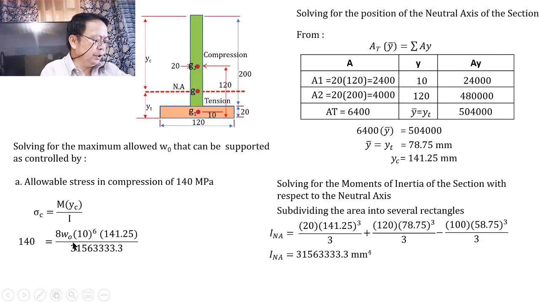You will notice that since the moment has a unit of kilonewton meter, this must be consistent with the units of the other term in the formula, because I have here Newton per square millimeter. Therefore, I have to convert kilonewton meter into Newton millimeter.